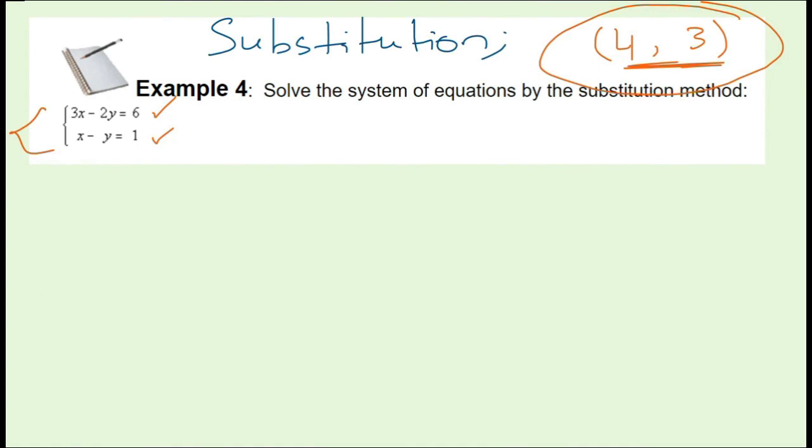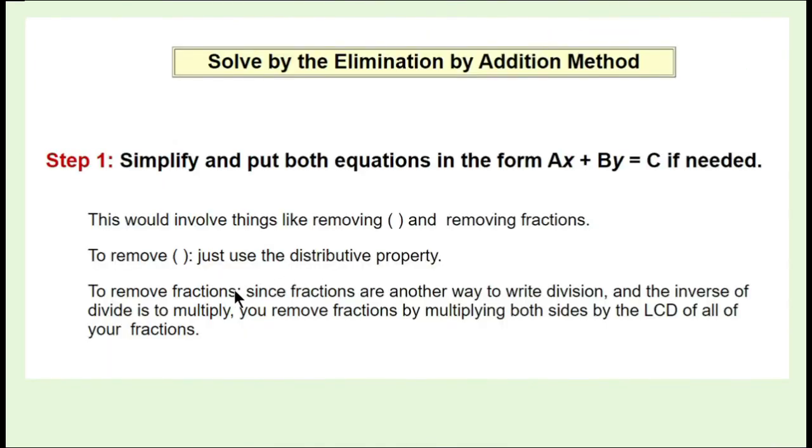That is this one. Now, for harder systems, or for systems where you cannot leave one of those alone, so you cannot leave either x alone or y alone, you may have a hard time solving such a system, and therefore we have another method. It's called the elimination method, and it is used when both equations are in the form ax plus by is equal to c.